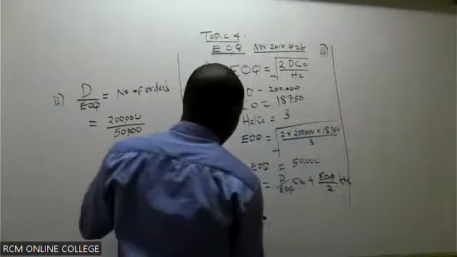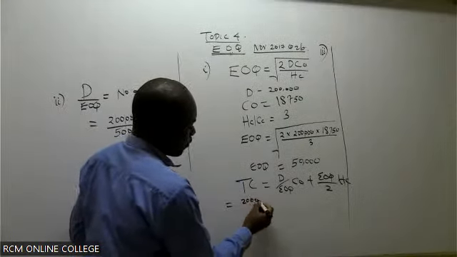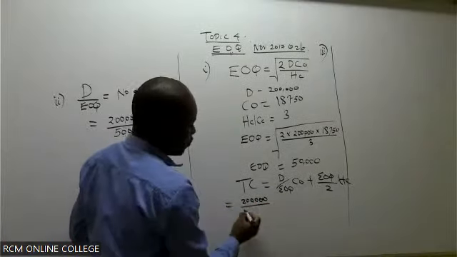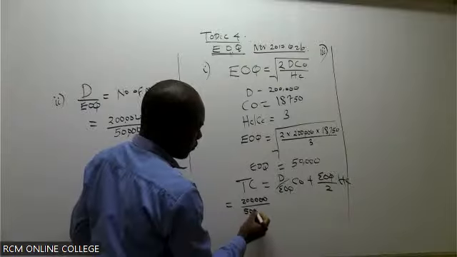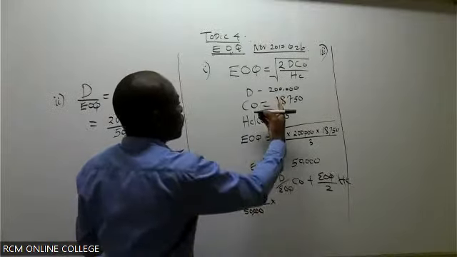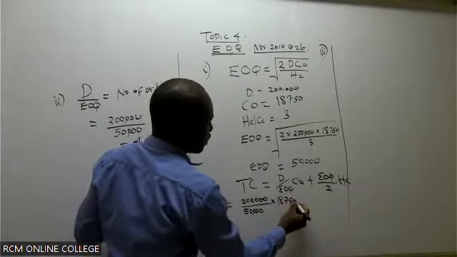So having identified that, let's now go ahead. Demand is 200,000. We divide by economic order quantity, which is 50,000, which gives the number of orders. Then we multiply by ordering cost, which is 18,750.